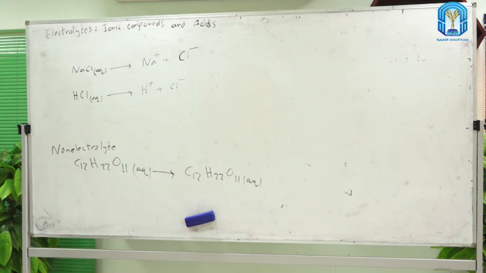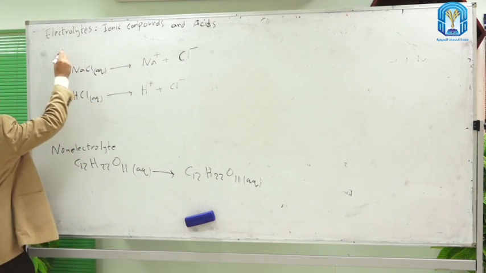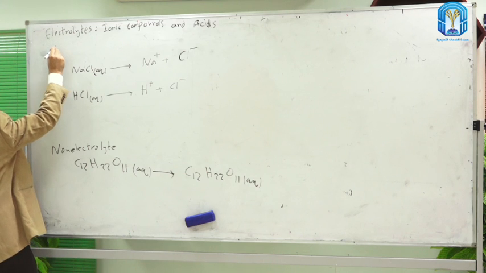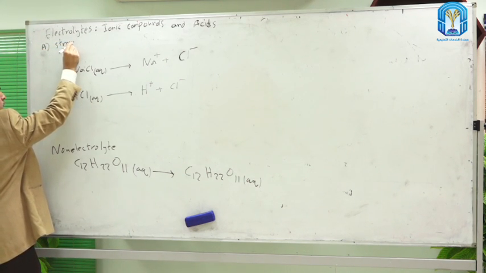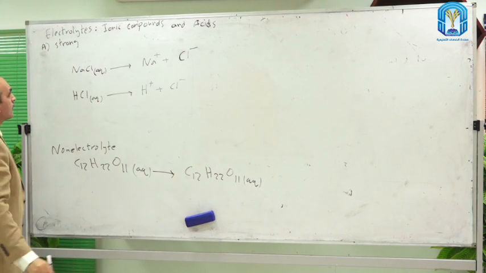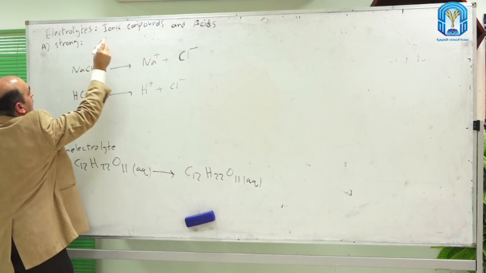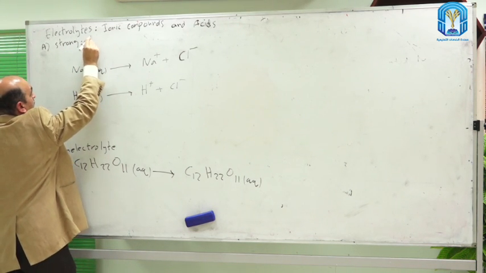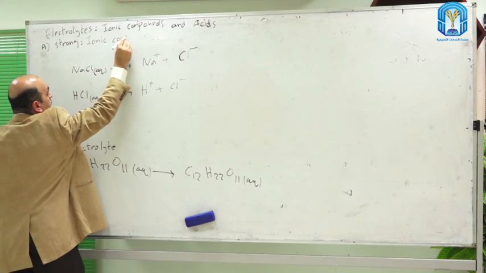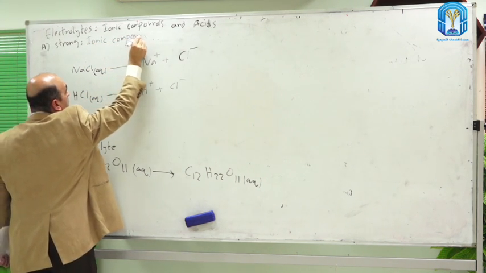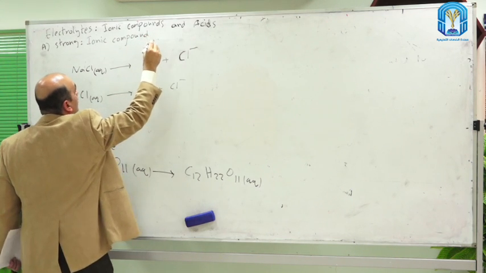The electrolytes: there are strong electrolytes, which are ionic compounds and strong acids.